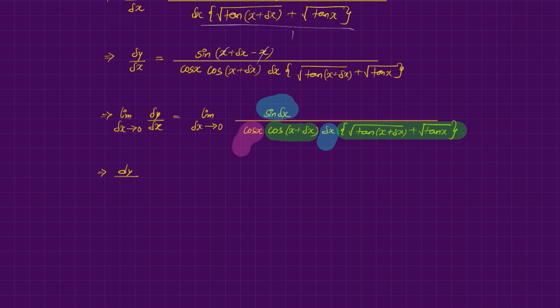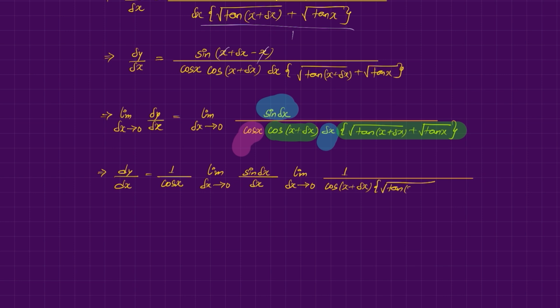Implies dy over dx equals, see, cos of x is constant, so let me write 1 by cos x in front and distribute limit delta x tends to 0 sine of delta x over delta x into limit delta x tends to 0 1 by cos of x plus delta x times root over tan of x plus delta x plus root over tan of x.